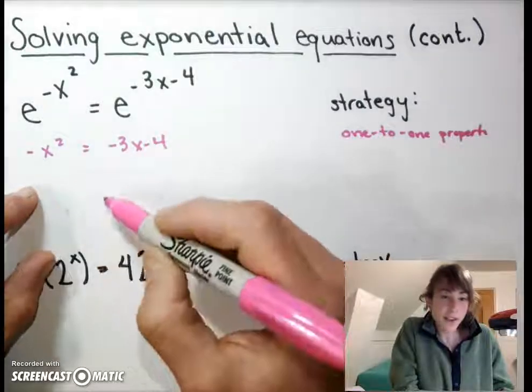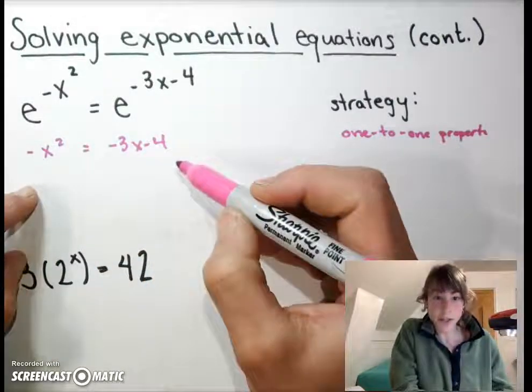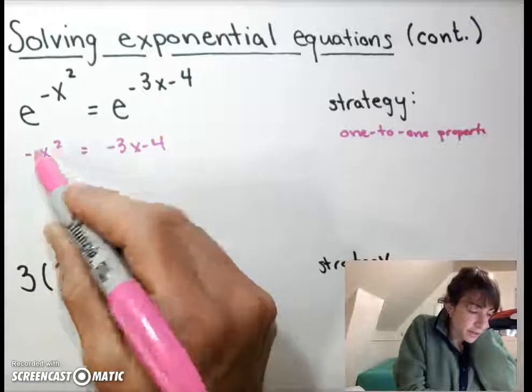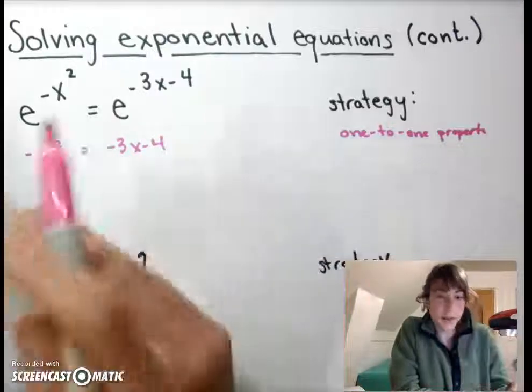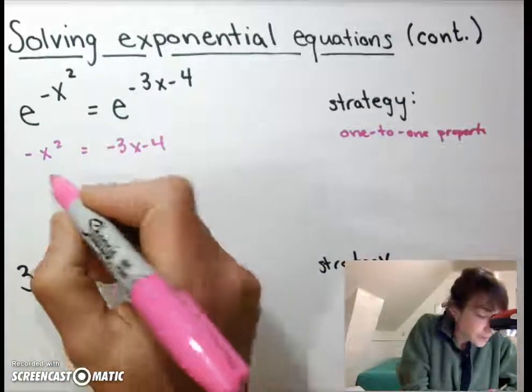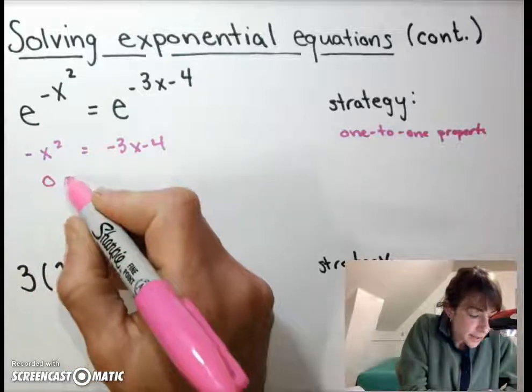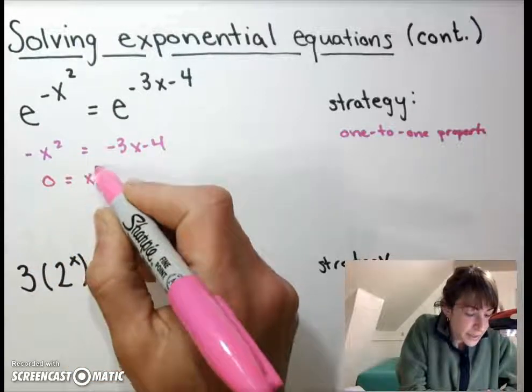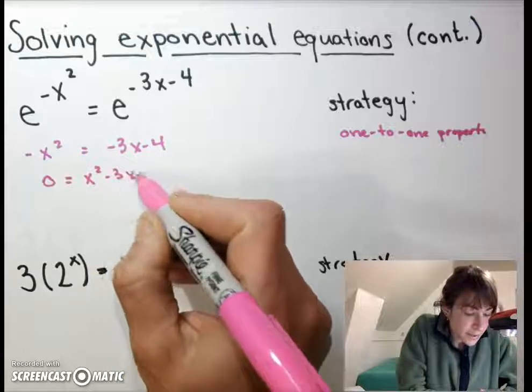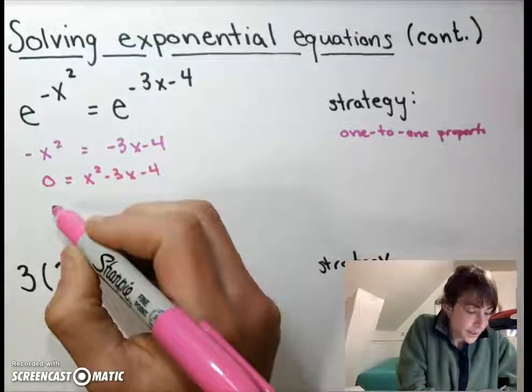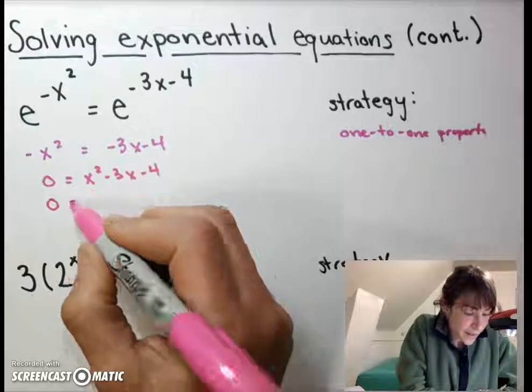So now I can just solve this as I would any quadratic equation. I want to have all of my x's on one side and 0 on the other, and then I'm going to factor. So let's bring this x squared over. I'll have 0 equals x squared minus 3x minus 4. And now I'll solve this by factoring.